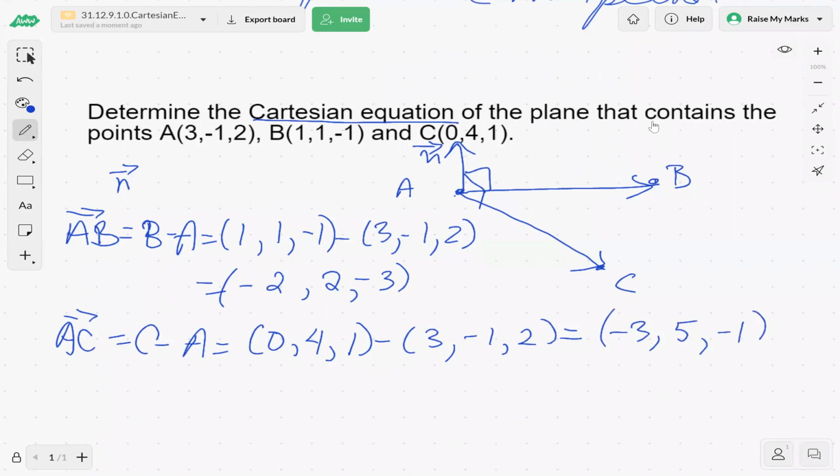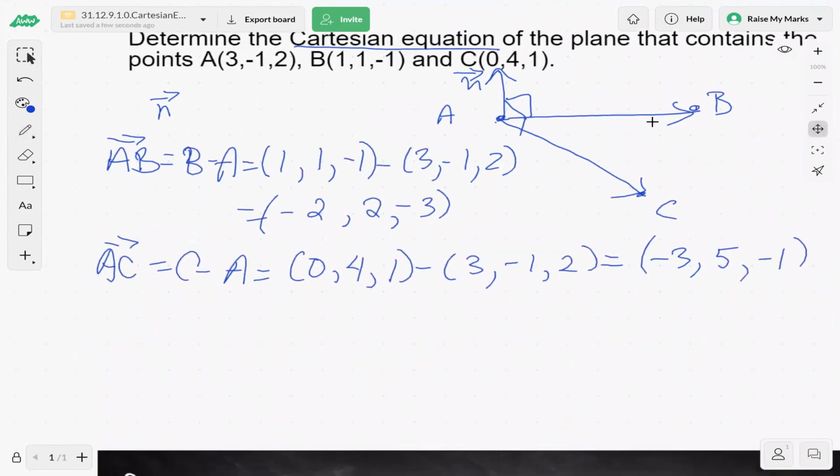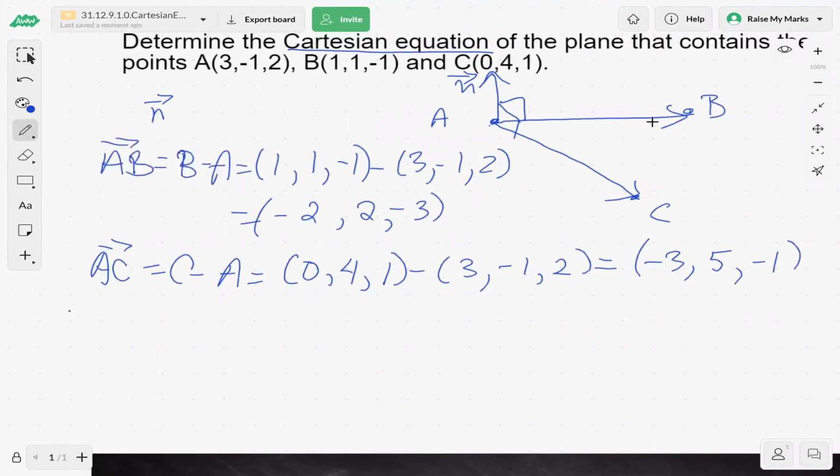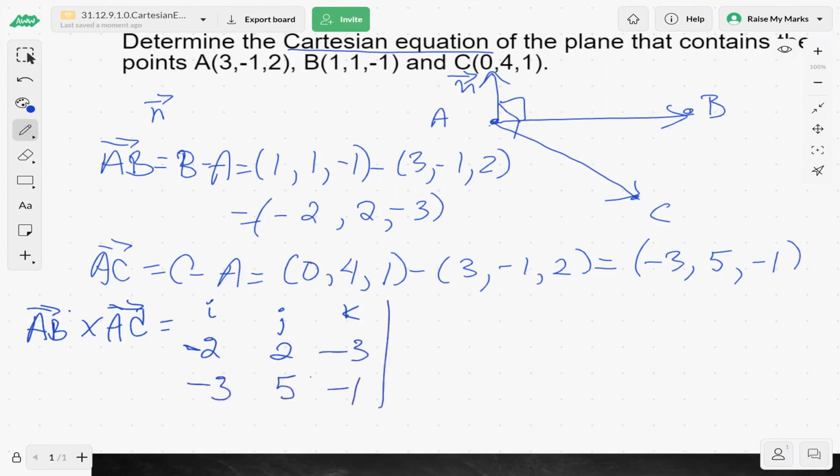Okay, so we have two vectors. Now we need to take their cross product to get the normal. So AB crossed with AC. Now we know how to do that. We make a box of numbers, put our two vectors in as rows, and then plug it into our formula for the cross product.